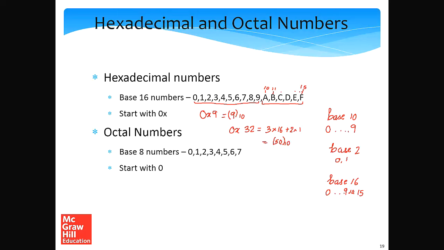I would like to request the reader at this point of time to take as many numbers as he or she wants, convert them to base 16 and to any base of their choice, and just see how this works out.